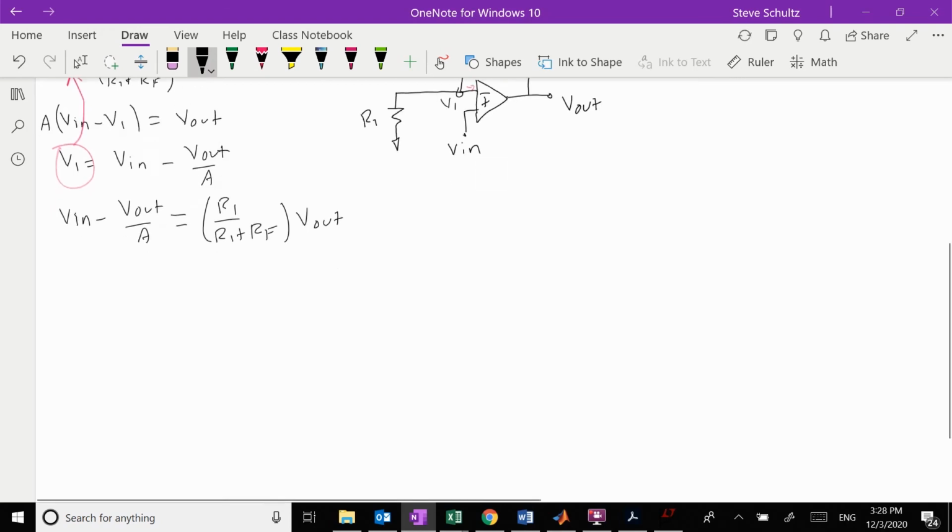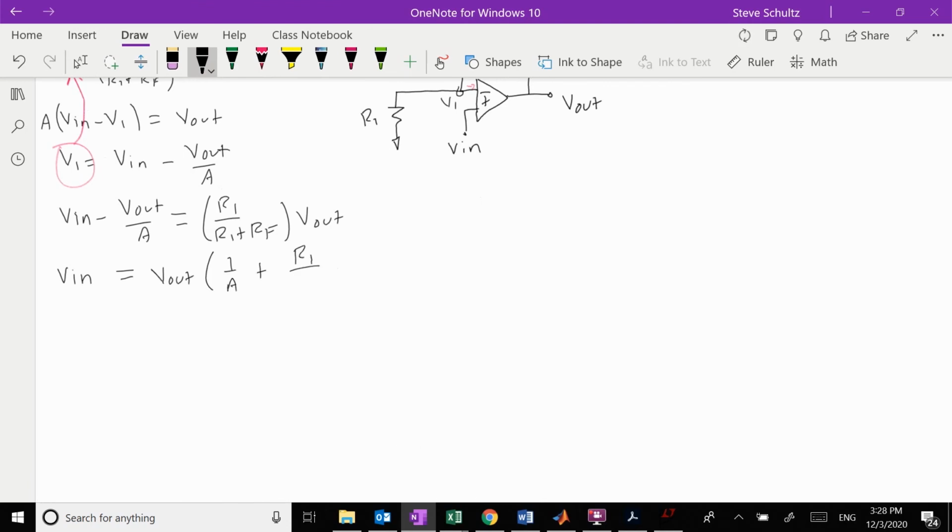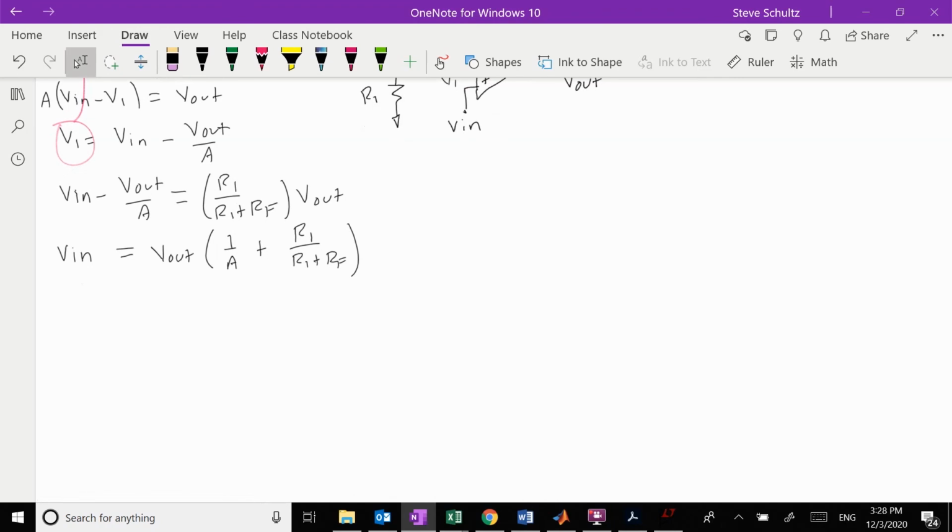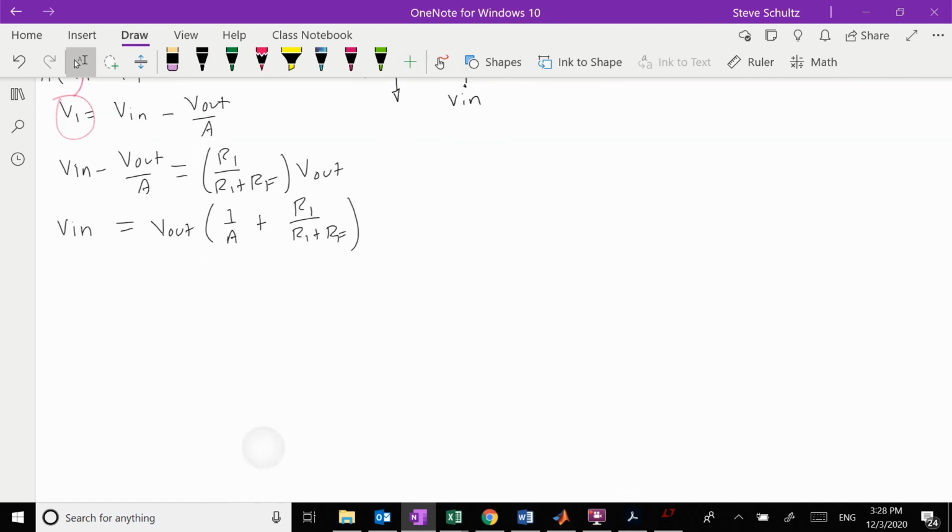Okay, so then we can simplify this down and we get V in equals V out times 1 over A plus R1 over R1 plus RF. Now before, if I have an infinite gain, my 1 over A0 right here would go to 0 and I would solve for it. But in this case, we don't have an infinite gain because we're trying to figure out the frequency response. So we are going to solve this.